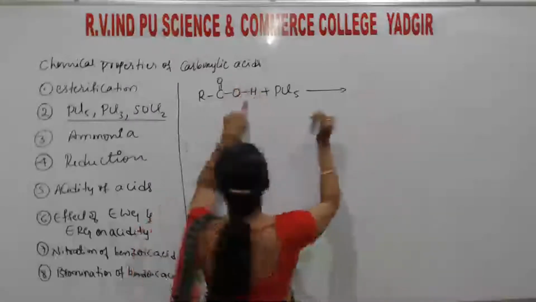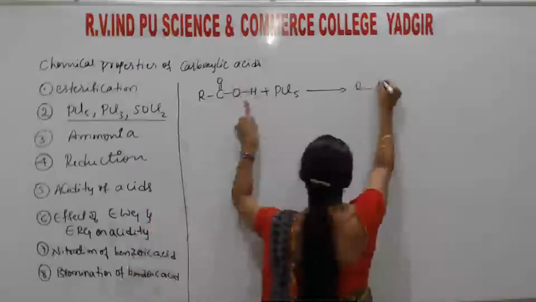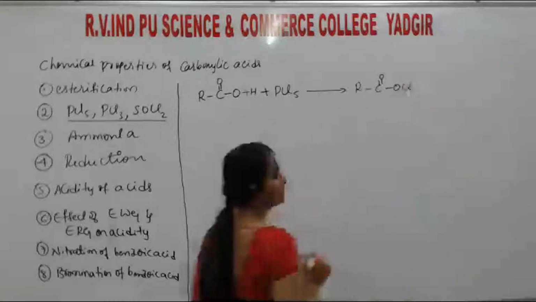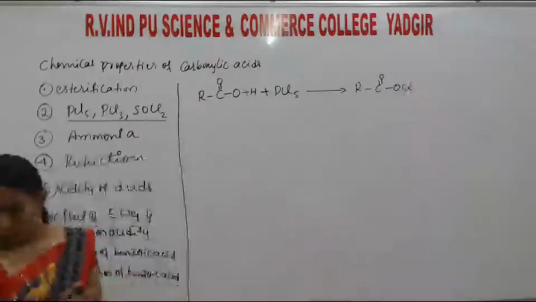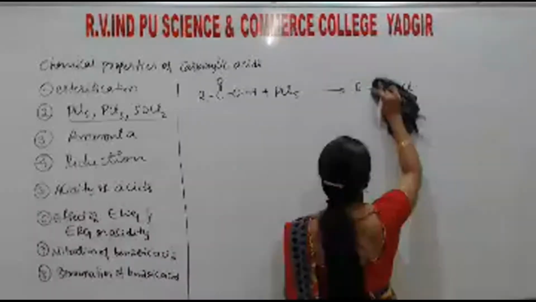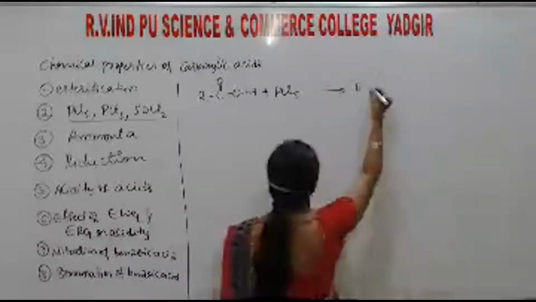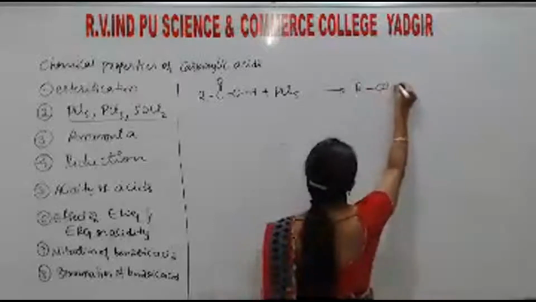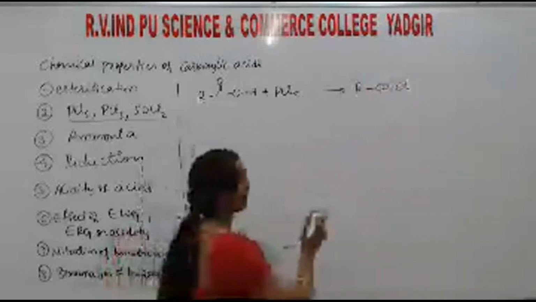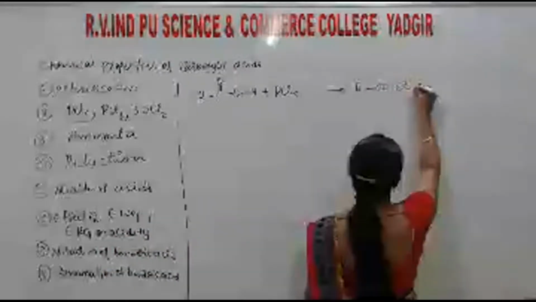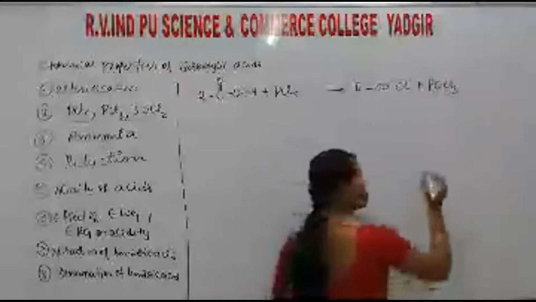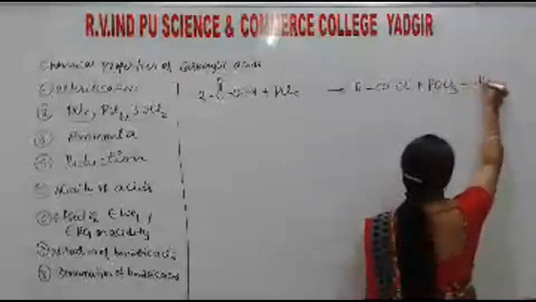Here RC double bond O Cl, that is RCOCl, this one is acid halide, plus POCl3 plus HCl.